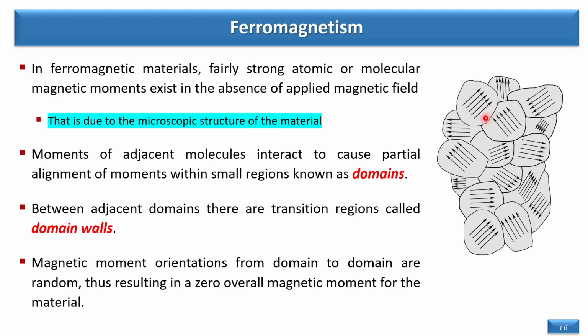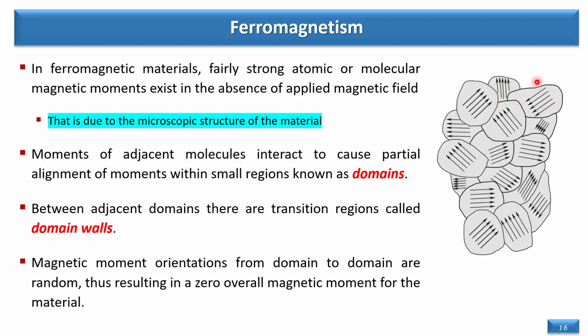So instead of randomization based on atoms, we have randomization based on groups of atoms. Each group is called a domain, and adjacent domains are separated by what are called domain walls.